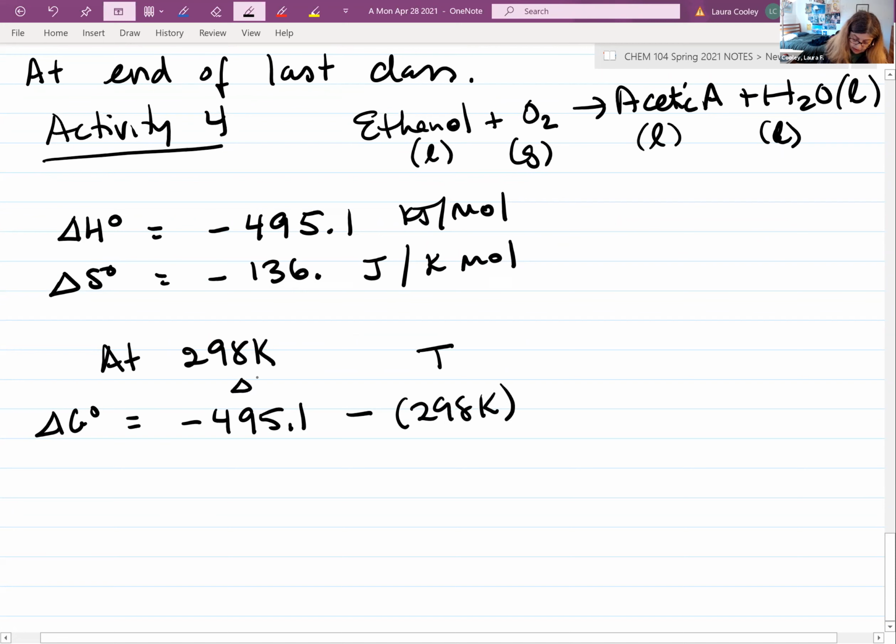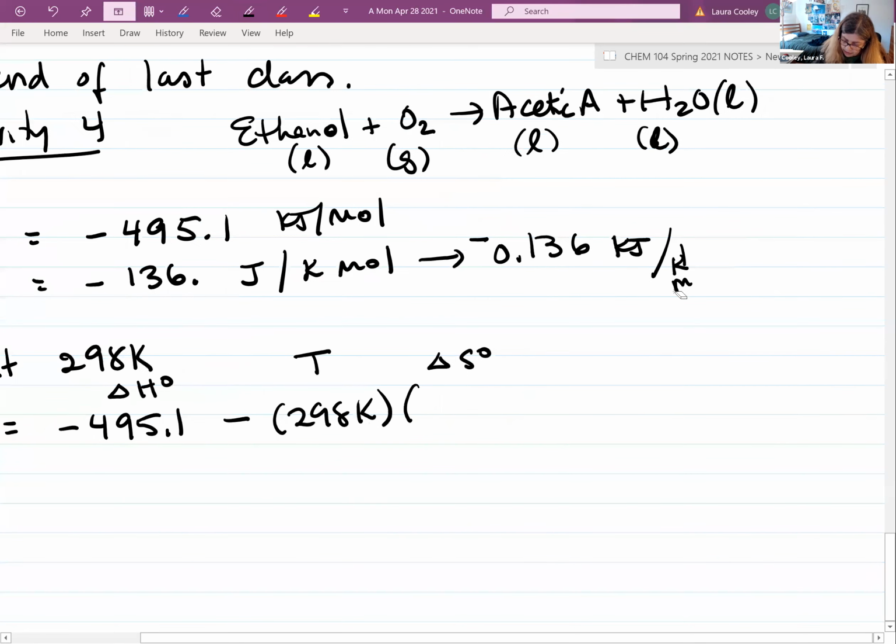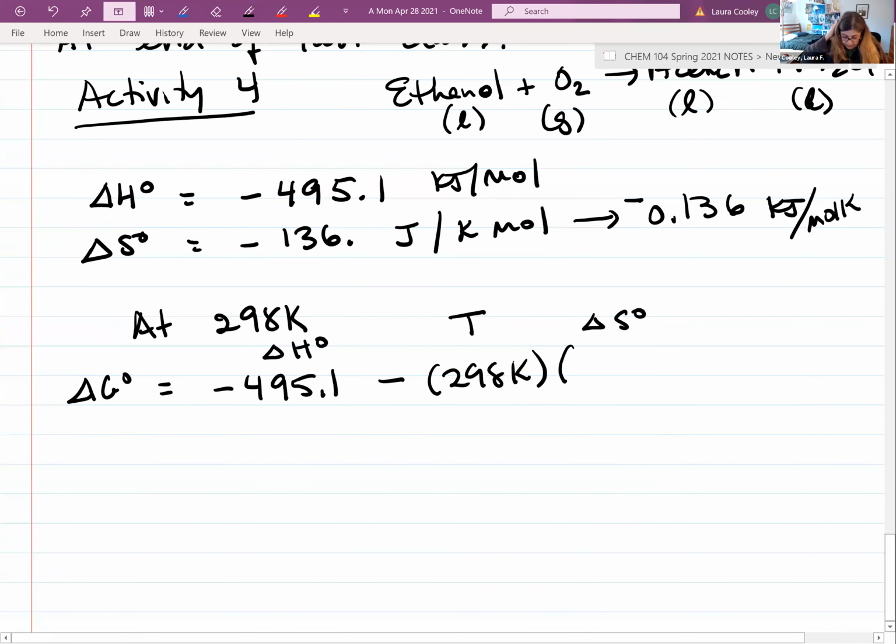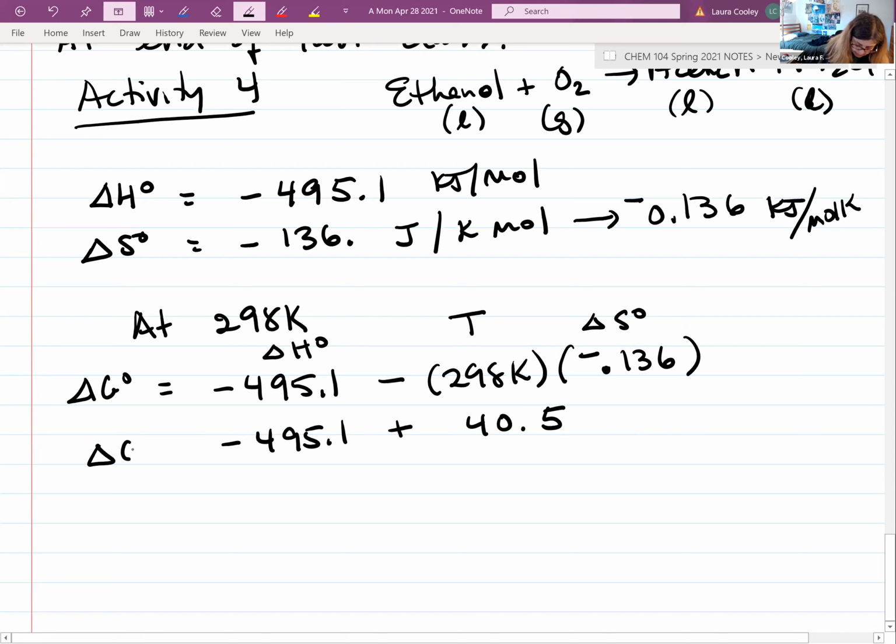So this is delta H minus T delta S. And now I'm going to convert this to kilojoules per Kelvin per mole, minus 0.136. And so this is negative 495.1 plus 40.5.